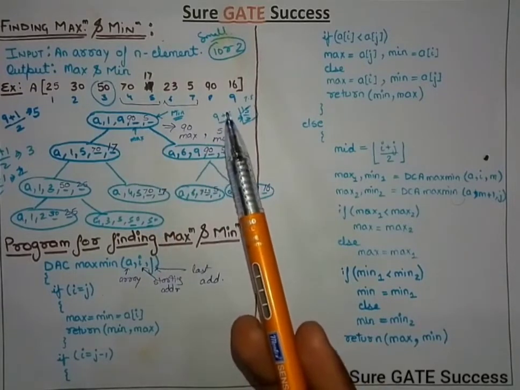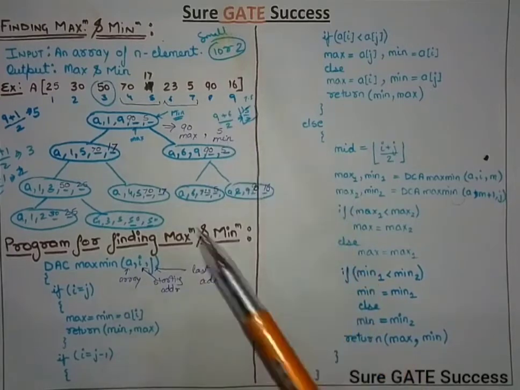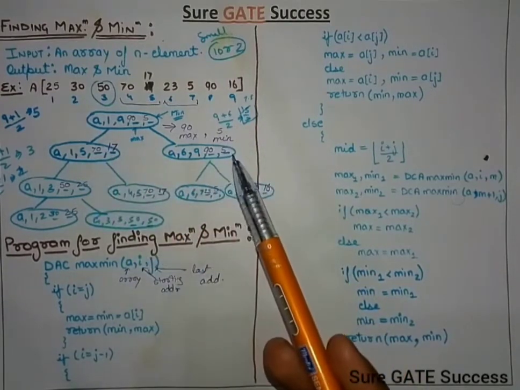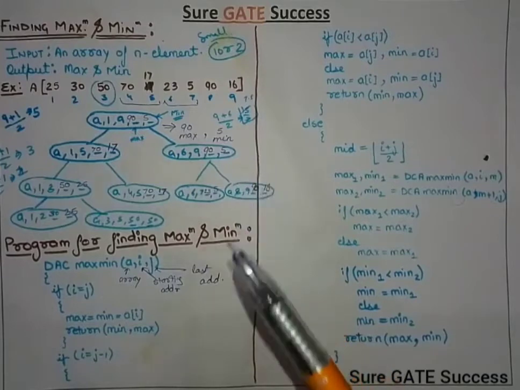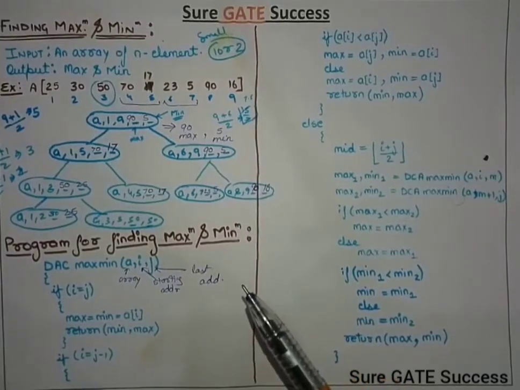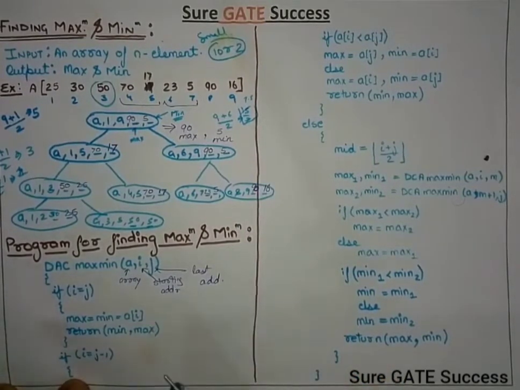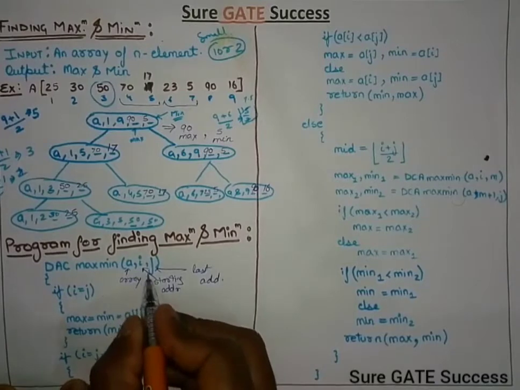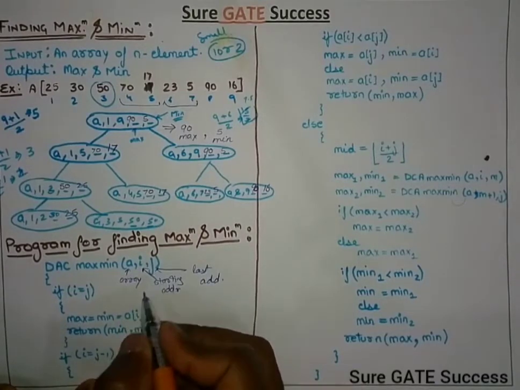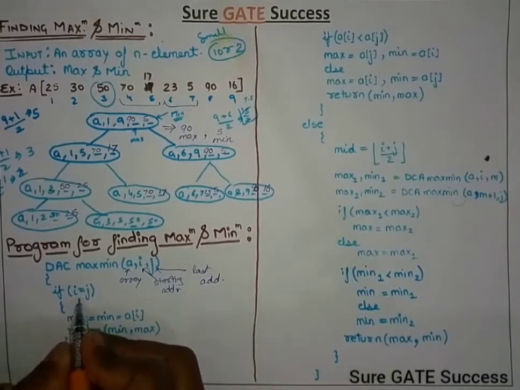So we have broken down this particular example with the help of small and big. So we are taking small as 1 or 2. What we have to take care of first is to check whether the problem is small or not. Small means, let us take that there is only a single element. If there is a single element, the starting address and the last address have to be the same. So we have to check for that.